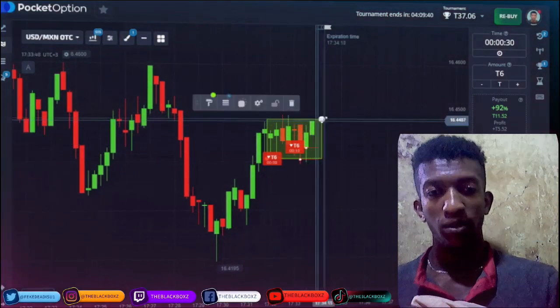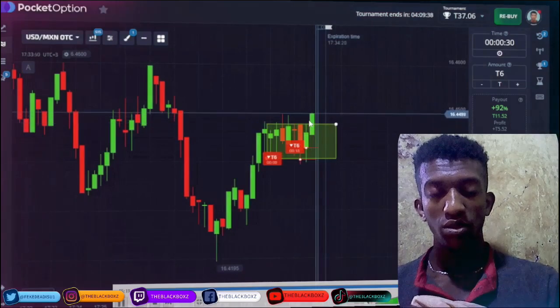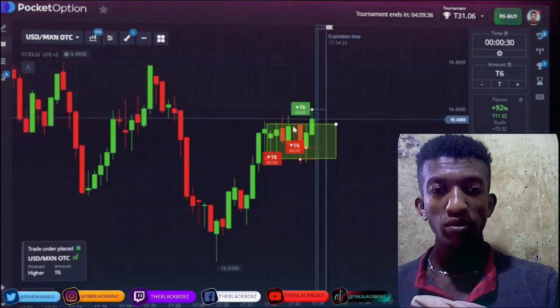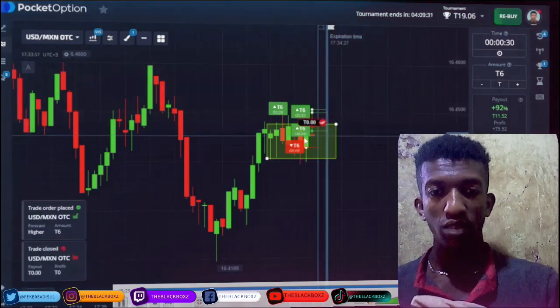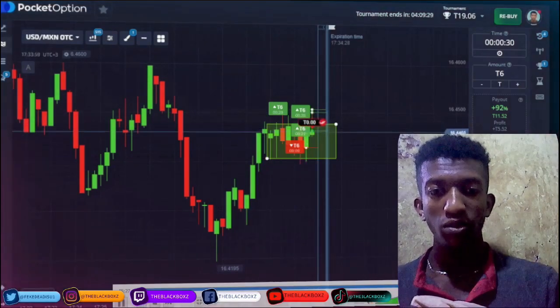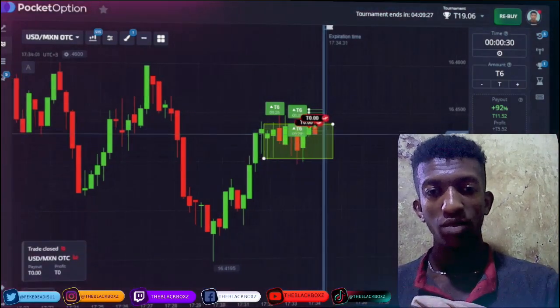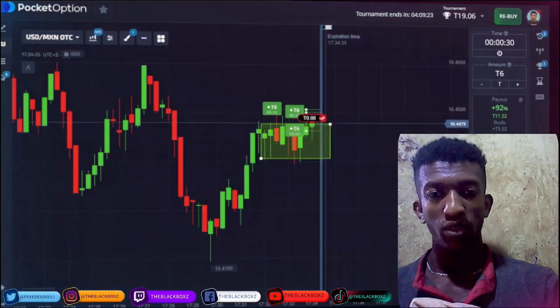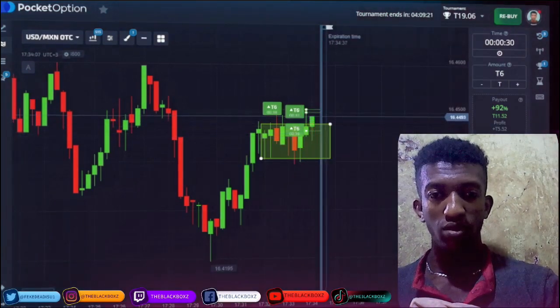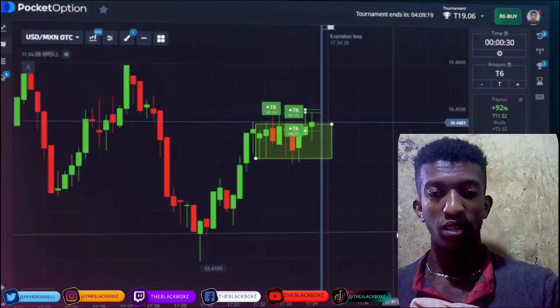Then it came up. So this is a double fake out, which means we are buying. Fake out to the upside, fake out to the downside. Now we are up. We should be moving up. I don't think there will be any bearish breakdown here. Okay, as you can see, we are pumping up and up and up.